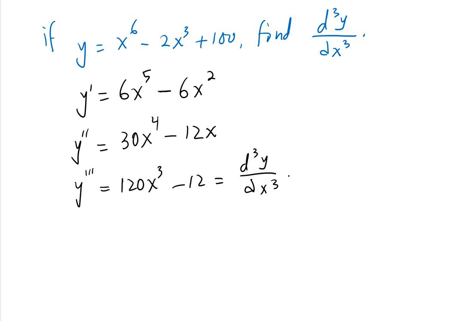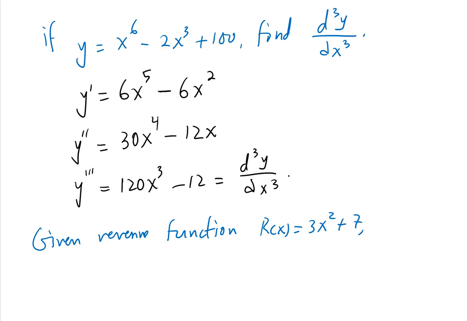Another example, given revenue function r of x equals 3x squared plus 7, where x is the number of lamps produced.